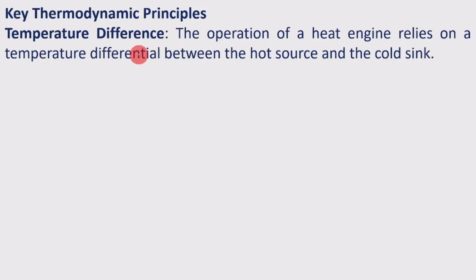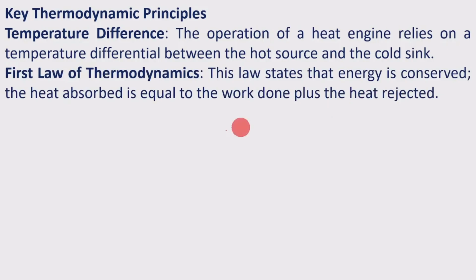The first one is the temperature difference. The operation of a heat engine relies on a temperature differential between the hot source and the cold sink. Depending on the difference between the hot source and the cold sink, the amount of energy converted into work will depend.